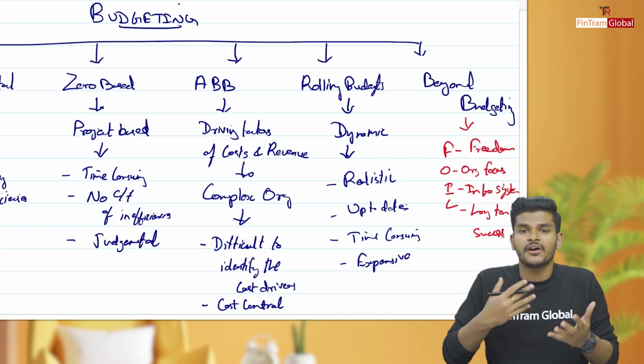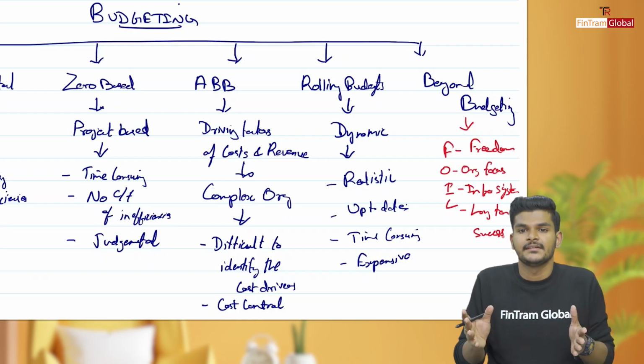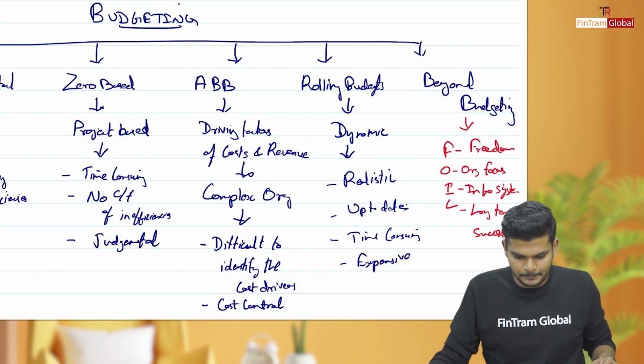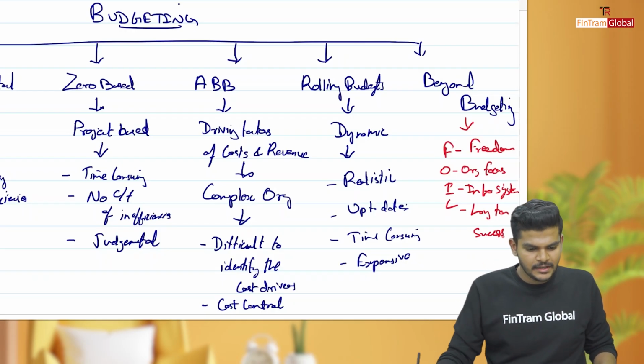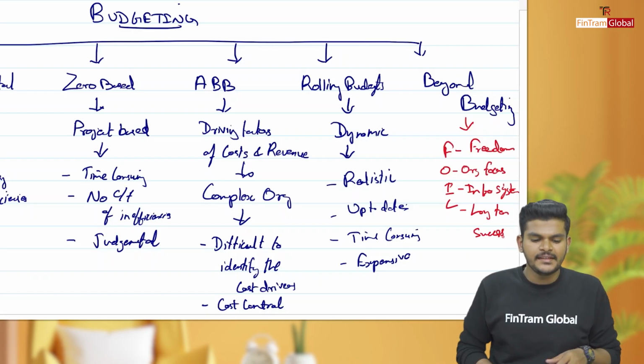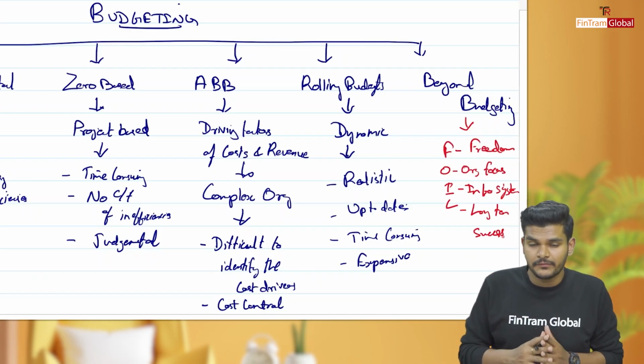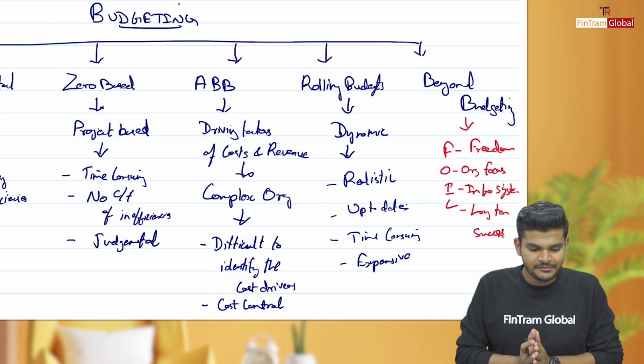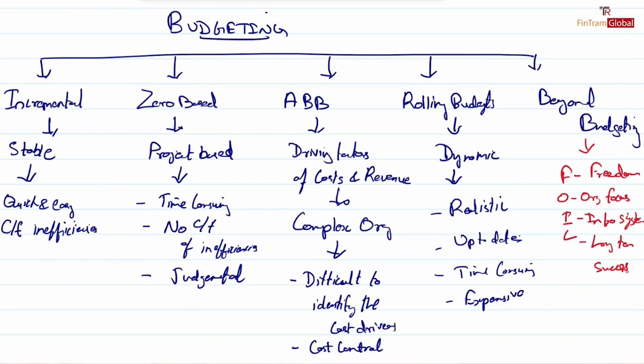It doesn't save cost, but it controls it. So these are really important concepts which you have to remember in relation to budgets. If you have a question in relation to this, then it's a blessing, because it's one of the easiest questions that can come up. So that's basically all about this.